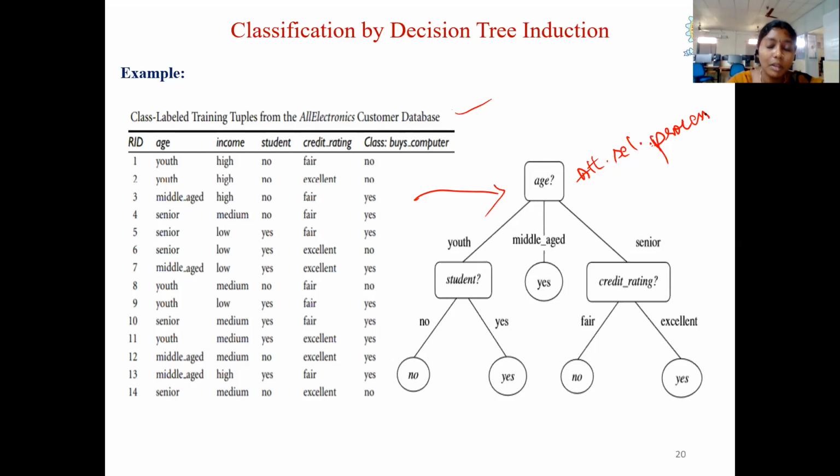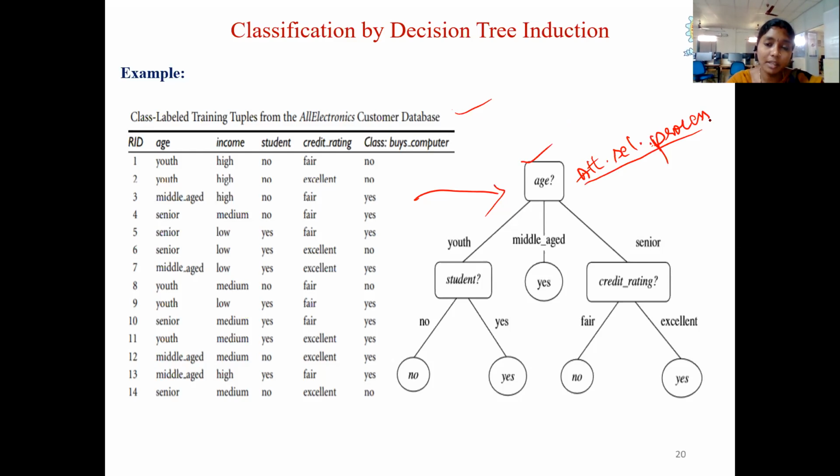First we need to select the best attribute as a root. For a tree, we need to have a root. So we need to first select which attribute we need to take as the root attribute. For that, we have separate methods for selecting the attribute at every stage as a root attribute.